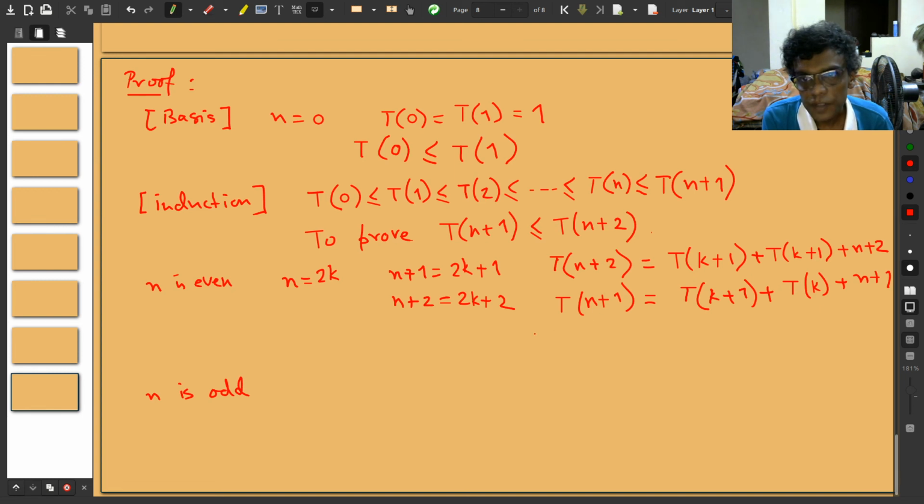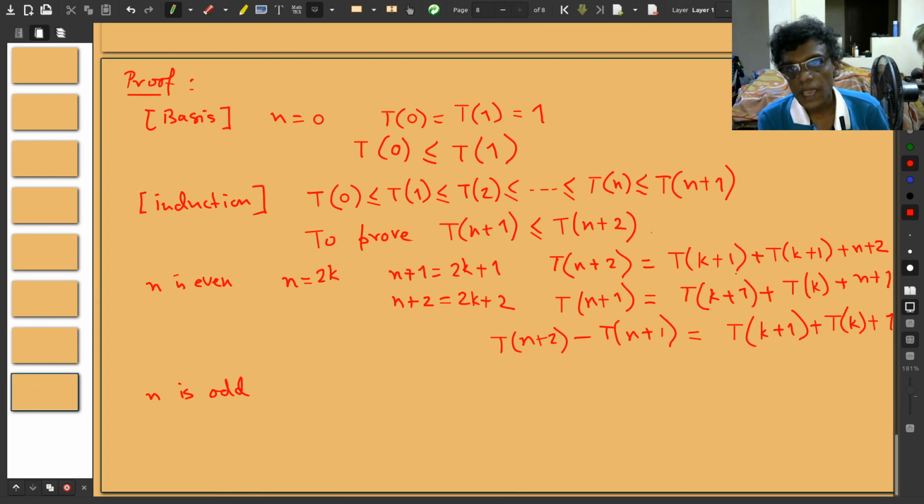Now if I subtract, I see that in Tn plus 2 minus Tn plus 1, one T of k plus 1 and one T of k plus 1 cancel. Plus Tk plus 1... Sorry, I made a mistake. Let me correct it.